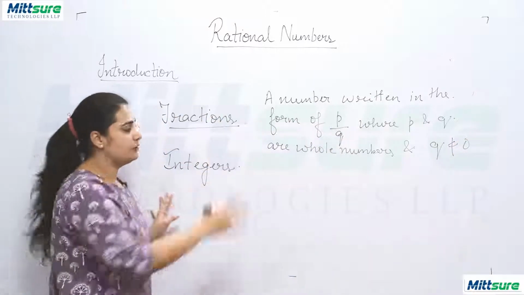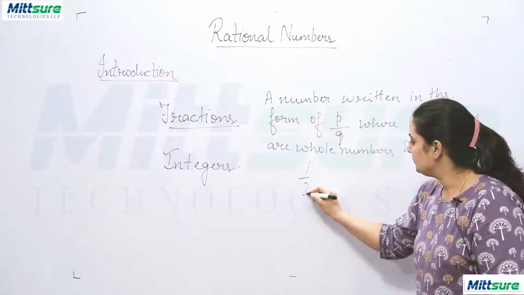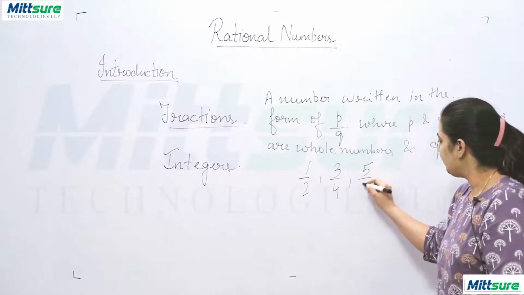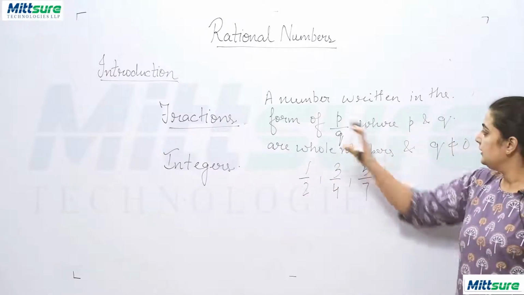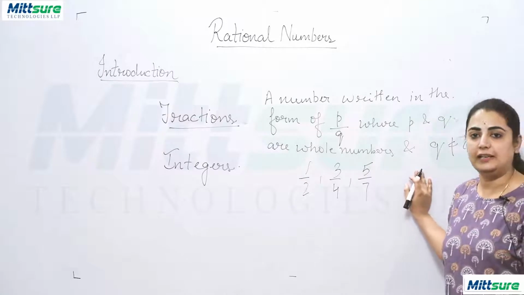Right? Now which examples have you studied? 1 upon 2, 3 upon 4, 5 upon 7, like these. These were the examples, or this is the concept of fraction which we have studied till now.